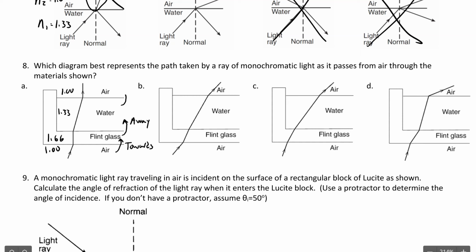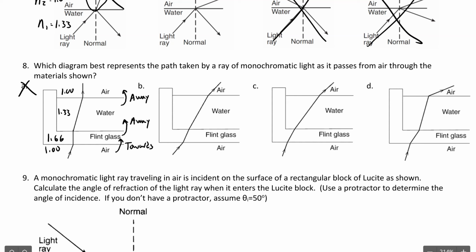And as it goes from water into air, it's again going to less optically dense, from 1.33 to 1, so it should go away again. This bends towards, so that's good. This bends away, but then this bends towards, so A is not good. And when I say towards, I mean towards the normal.